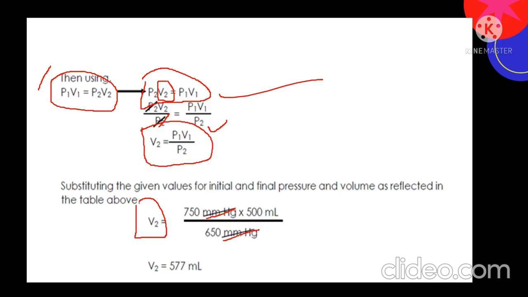So we have 750 multiplied by 500 mL divided by 650. We come up with the final answer, which is V2 is equal to 577 mL.